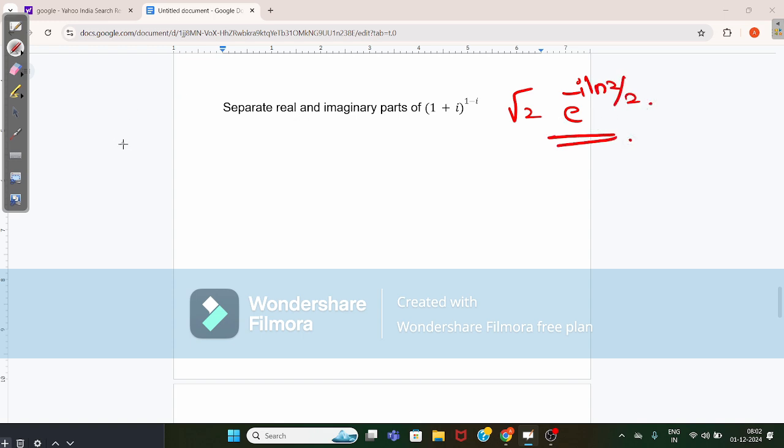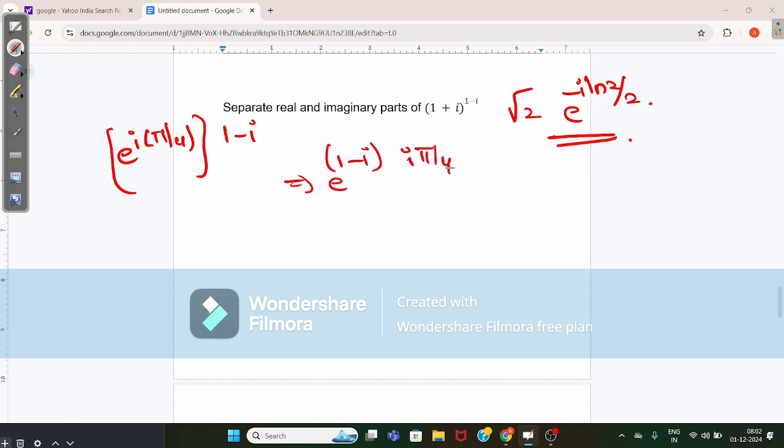Now for calculating (e power i pi by 4) whole power 1 minus i, this can be written as e power (1 minus i) into i pi by 4, that is e power minus pi by 4 plus i pi by 4.